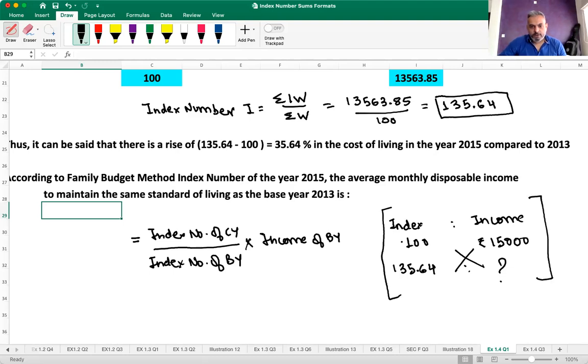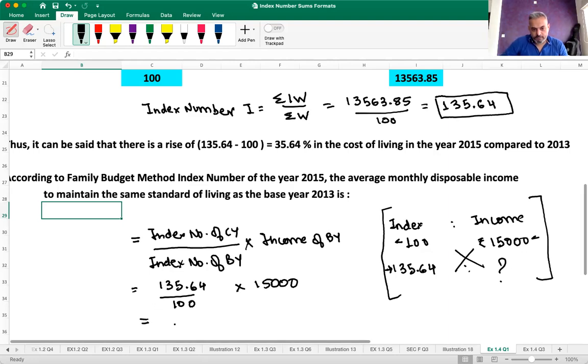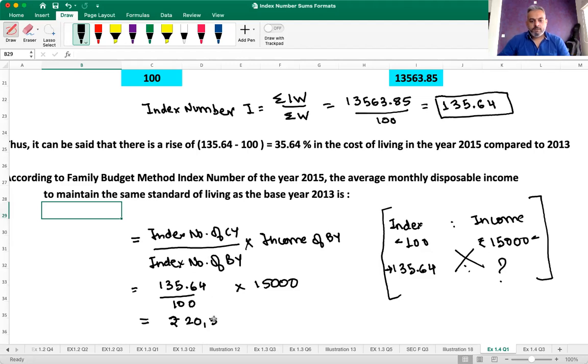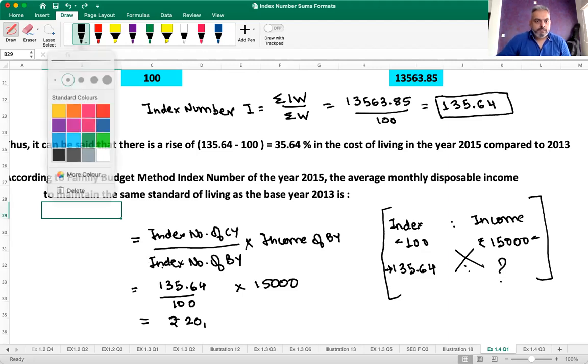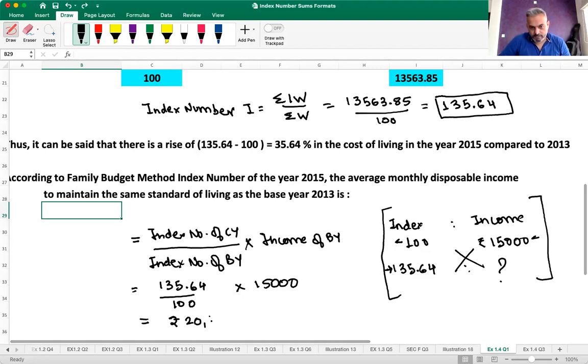You can say index number of base year is 100, index number of current year is 135.64, and income of the base year is 15,000, which is equal to 135.64 into 15,000 upon 100, which is equal to rupees 20346.